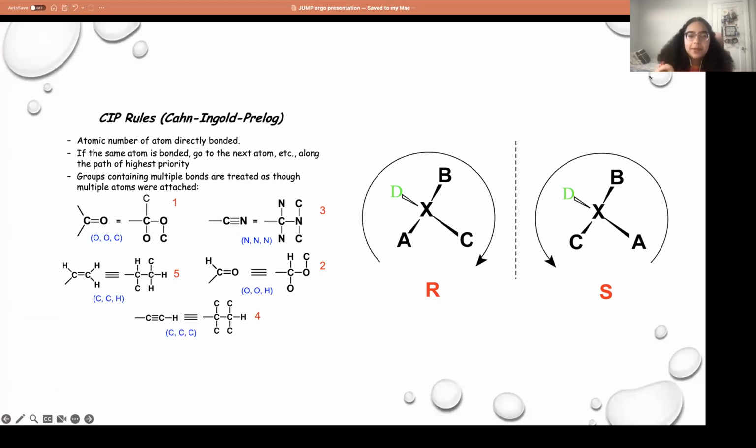Basically, you want to put the lowest priority group in the back, like the green D that they have. And you assign priority based on the atomic numbers of things that are bonded. So if you have your periodic table handy, things like oxygen and nitrogen have a higher atomic number than carbon, so those will be higher priority.